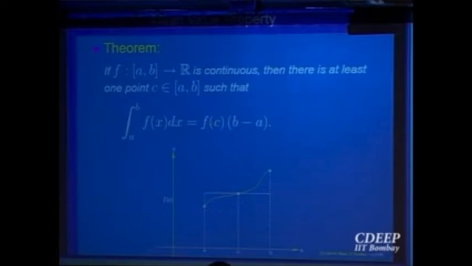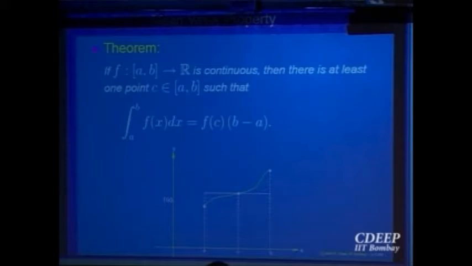So what is the claim I want to prove? That the function f takes a particular value at a point c, and that value is 1 over (b minus a) times this integral. Now what theorem should I be using? Immediately the intermediate value property comes to mind: I should try to show that 1 over (b minus a) times this integral is a value in the range of the function, somewhere below and somewhere above.